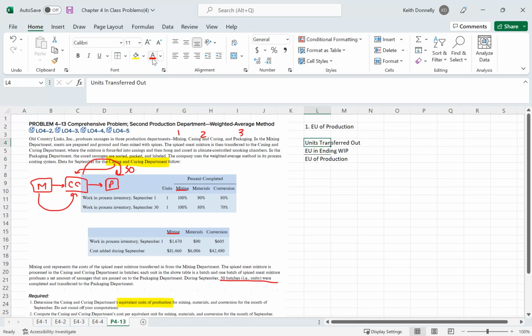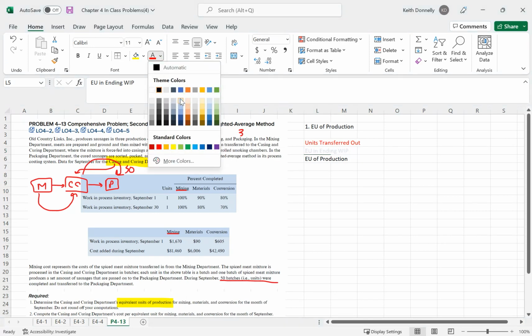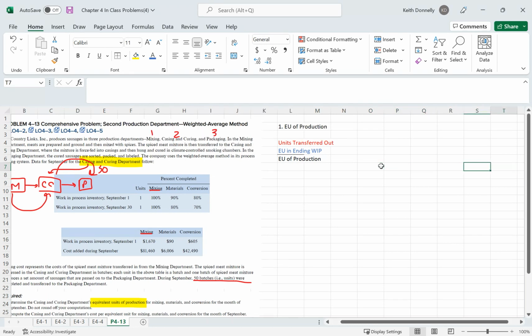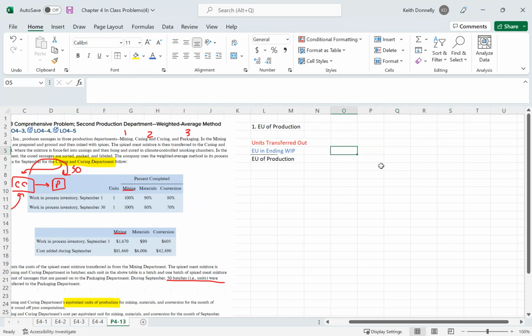Let's just make this red and that blue. And we can map this out over here. So we're going to have our units transferred out. We're going to have our equivalent units in ending WIP.